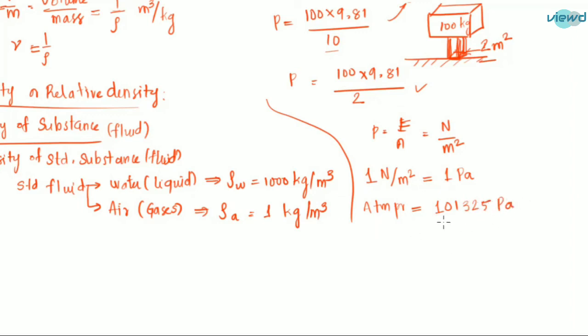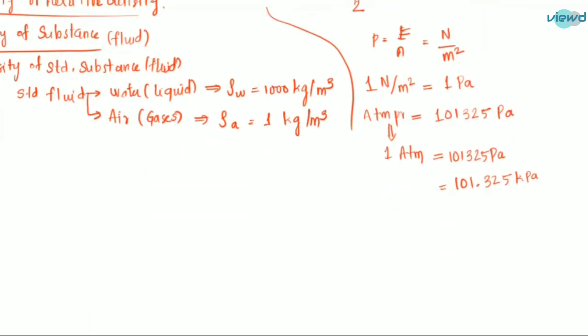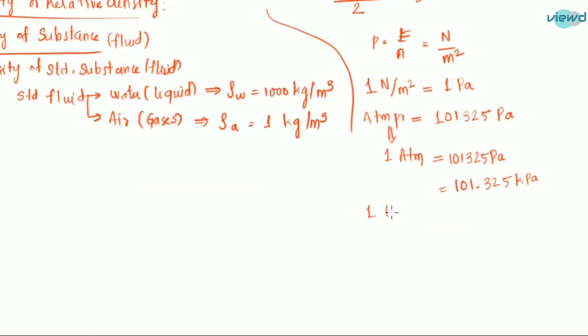This atmospheric pressure is called 1 atmosphere, represented by ATM. 1 atmosphere is equal to 101,325 Pascal, or it can also be written as 101.325 kilopascal.